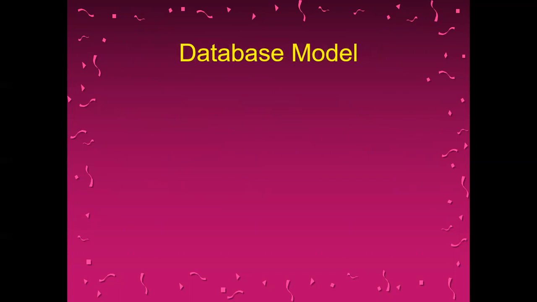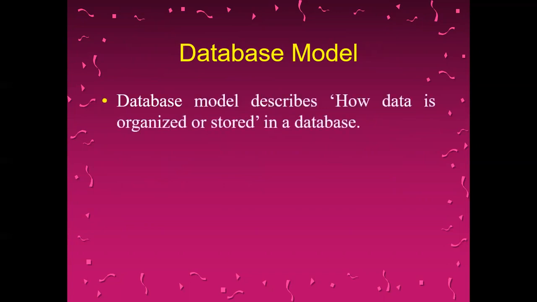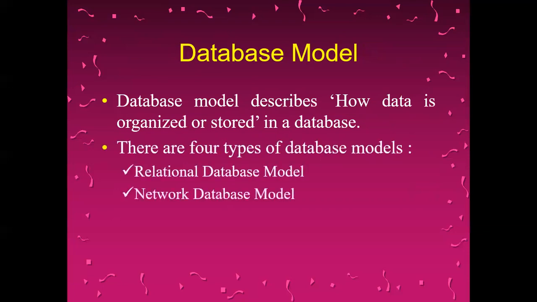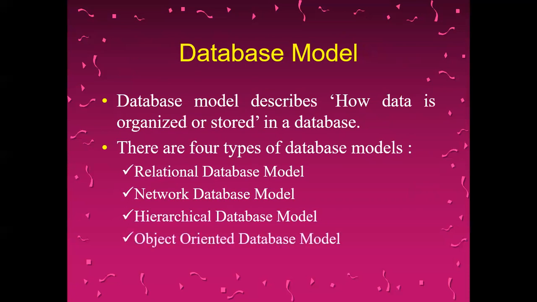What do you understand by the term database model? It describes how the data is organized or stored in a database. There are mainly four types of database models. They are relational database model, network database model, hierarchical database model, and object-oriented database model.